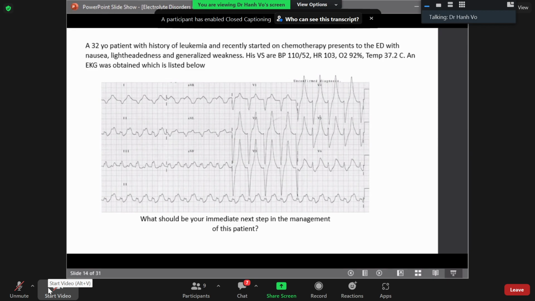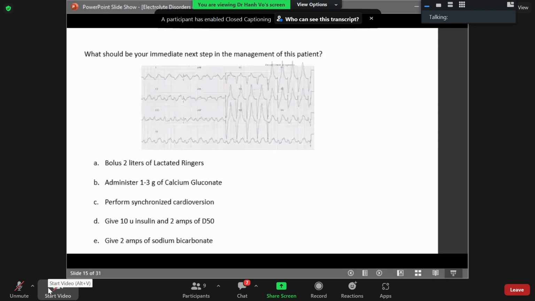So what is the next step in management of this patient? Should we give fluid, give calcium gluconate, perform synchronized cardioversion, or give insulin or sodium bicarbonate?